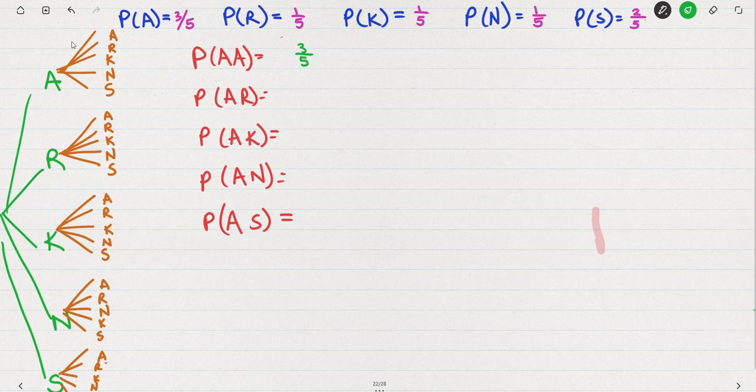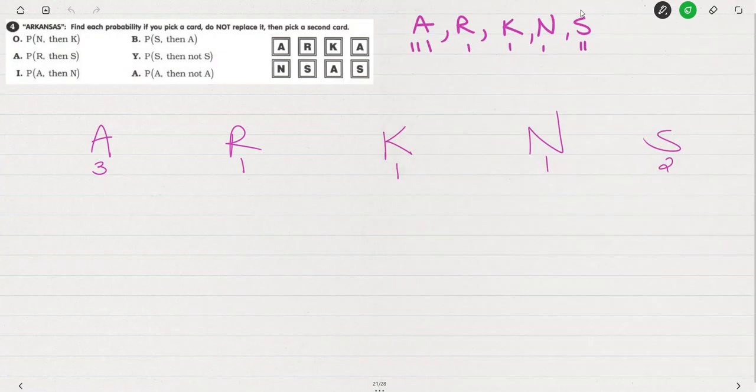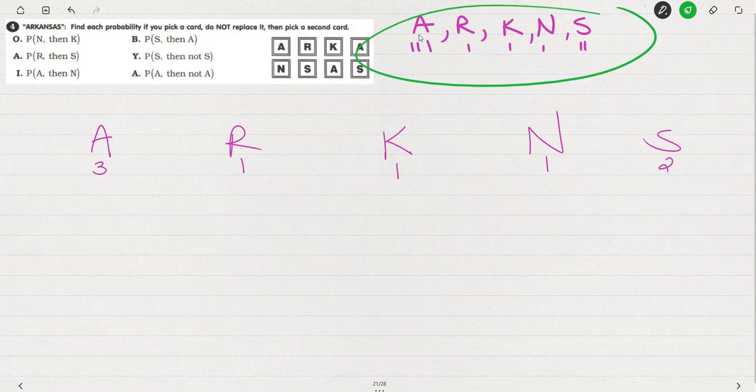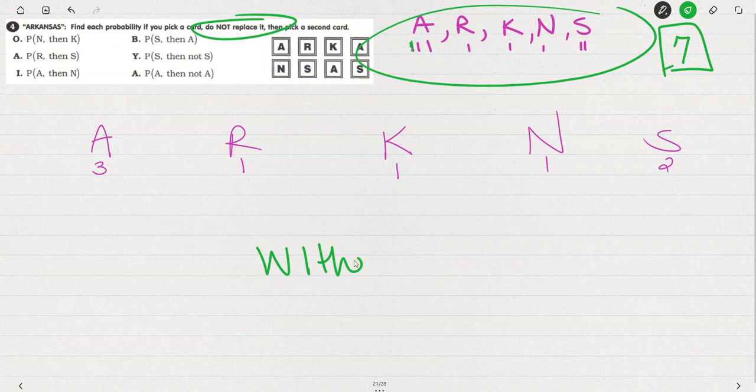Let me go back and look at these numbers again. Now that one of these A's is gone, do you see that there's a total of 7 tiles left because we don't replace it? So there's 7 tiles left. Let me highlight this. This is without replacement.